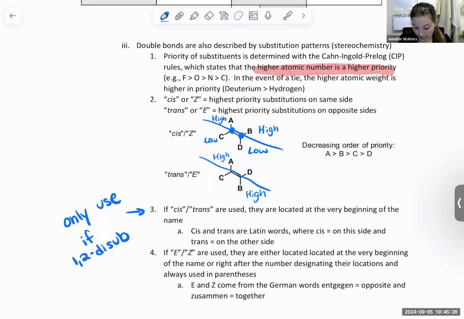Or you could think about it as you have to have one and only one hydrogen on both sides. So cis would look like that because I have to have one hydrogen and only one hydrogen on each side. And then trans would be that because now they are on opposite sides.